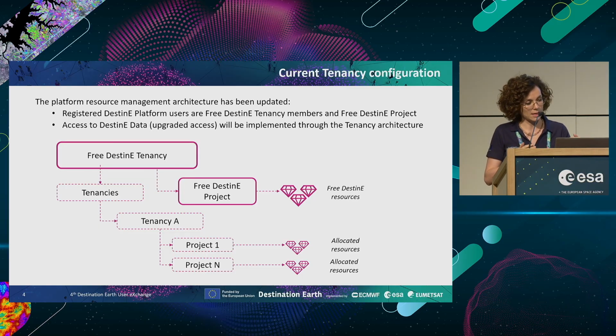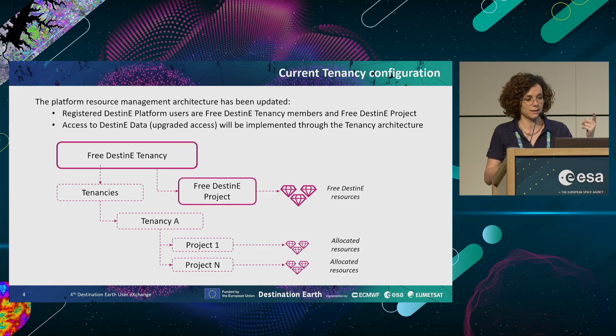Inside it, we have a project, because as we saw from the diagram, tenancies and projects are nested one inside the other. All the registered users of the platform now belong to this free DestinE project. You can see it from your user profile. When you log in on the platform, you will see two tags.